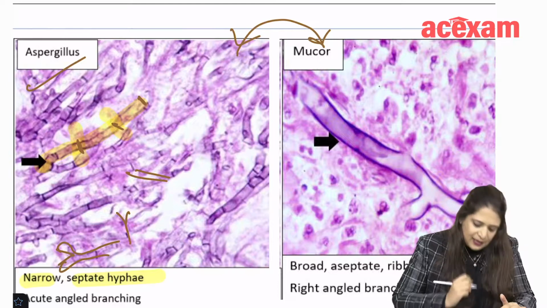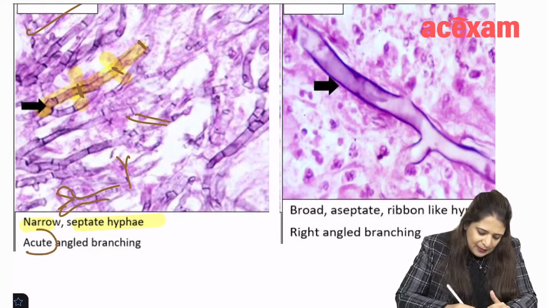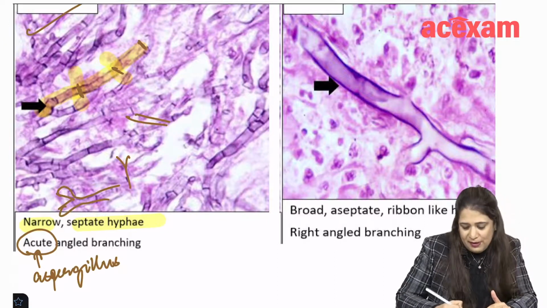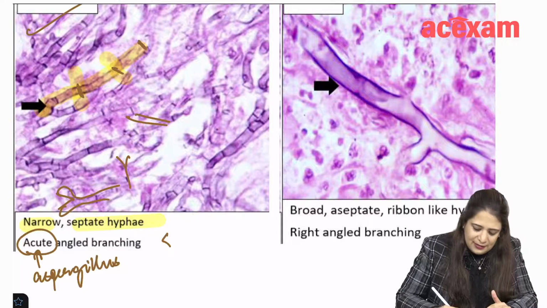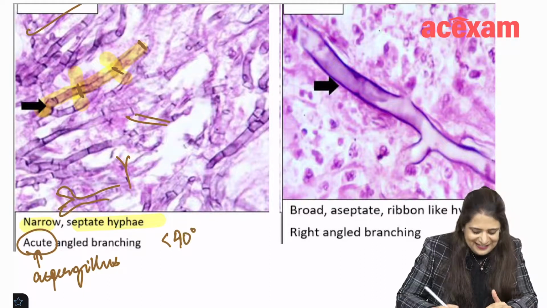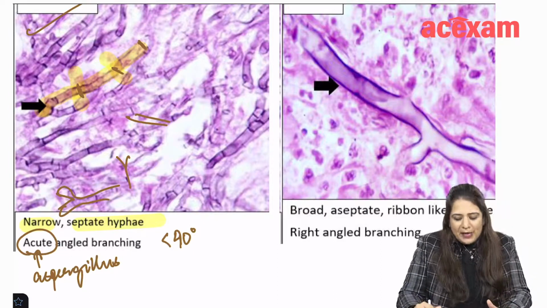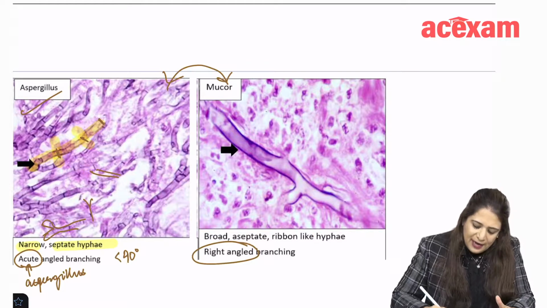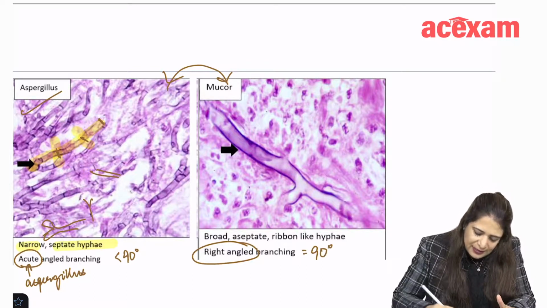So acute angled branching. Aspergillus, remember, is associated with acute angled branching. If you go back to maths, acute is what? Less than 90 degrees. But mucor is associated with right angle branching, right?